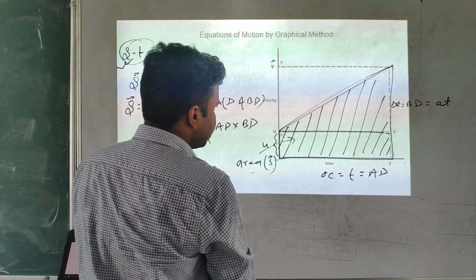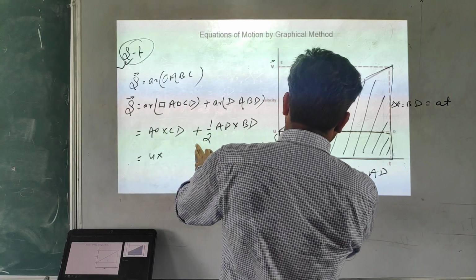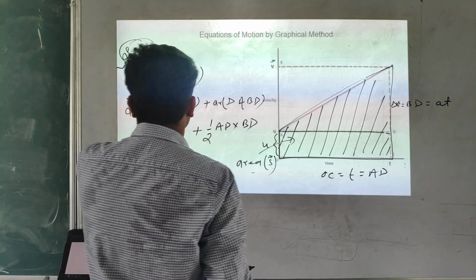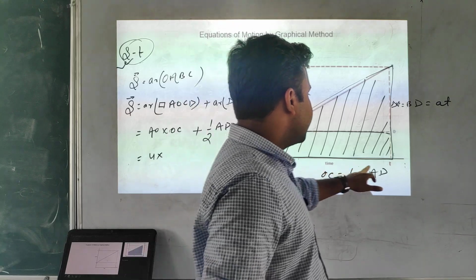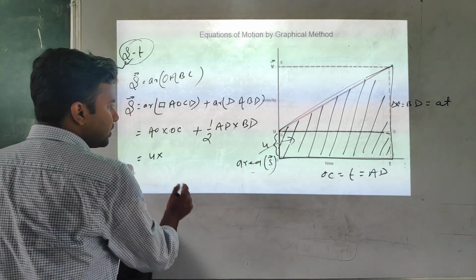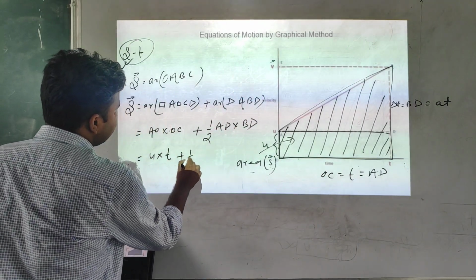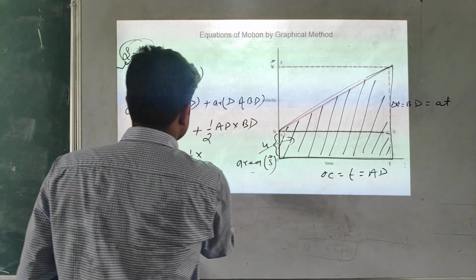Sorry, it's not CD, it's OC. AO into OC, and OC is T. So I am writing here T plus 1 by 2 into AD. AD is what, students?